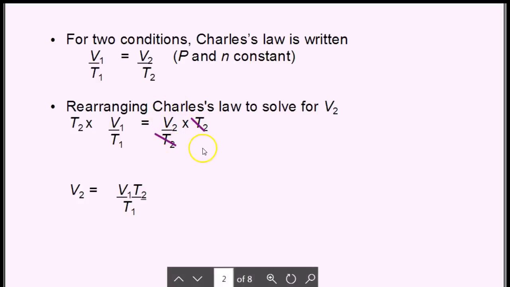And we need to remember that whatever we do to this side of the equation, we need to do to this side of the equation. So we're going to bring T2 up over here and get T2 times V1 divided by T1, so simply we're going to be saying V2 is equal to V1 times T2 divided by T1. Okay, so that's how we can rearrange Charles' law to solve for V2.